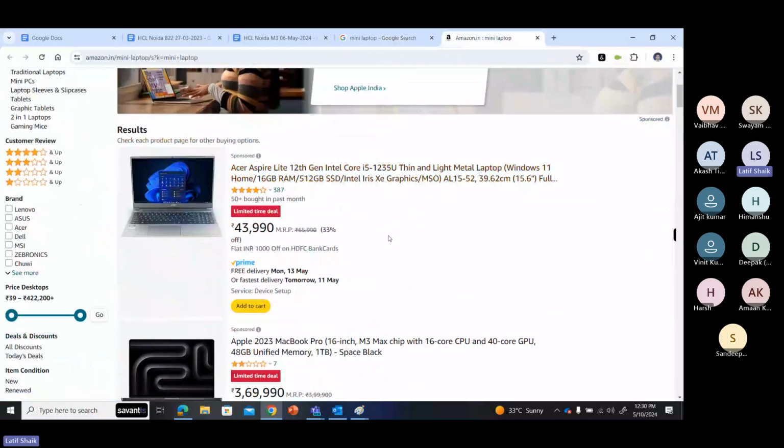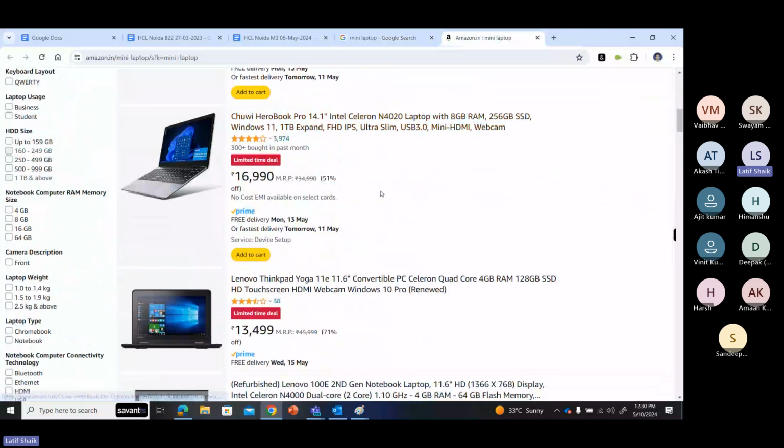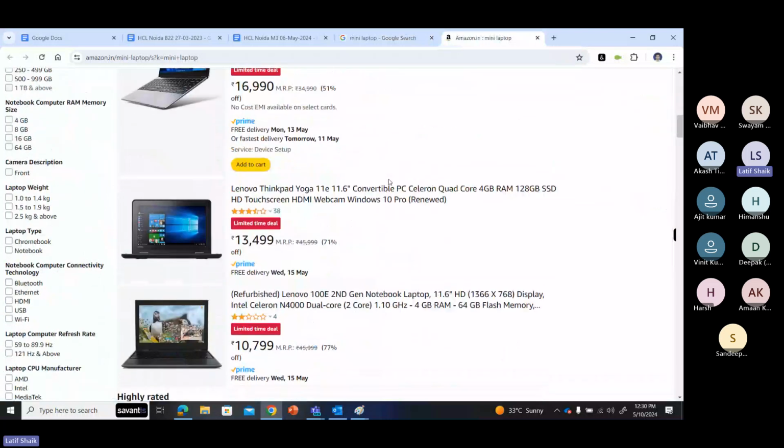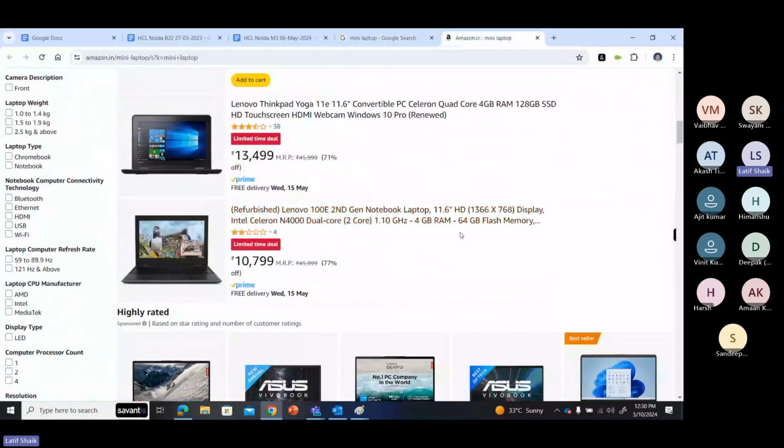The cost of mini laptops is always lesser. Why? Because there is a lesser type of processor, like a Celeron processor. It's a very small processor. The remaining configuration is good, but the processor is small, and maybe the company is a pure China model.